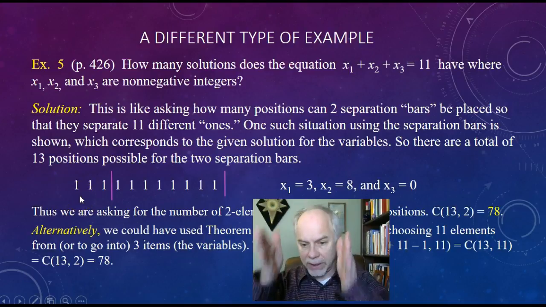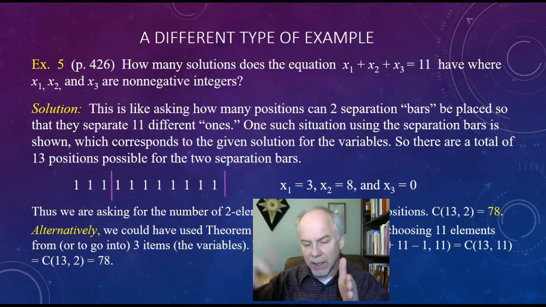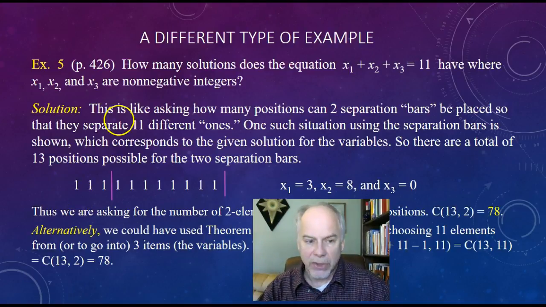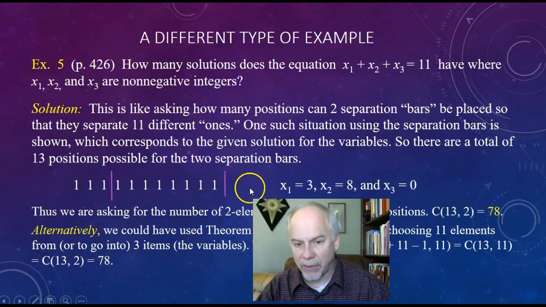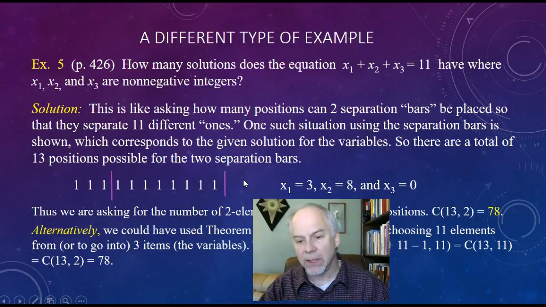Now, why are we placing these bars? Well, when you place the two bars, it separates into 3 numbers. So in the first grouping, to the left of the first bar, you see that this is the number 3. The ones in the middle is 8. There's 8 of those ones. And on the far right of the last bar is 0. So this represents the numbers 3, 8, and 0 to be your x1, x2, and x3.